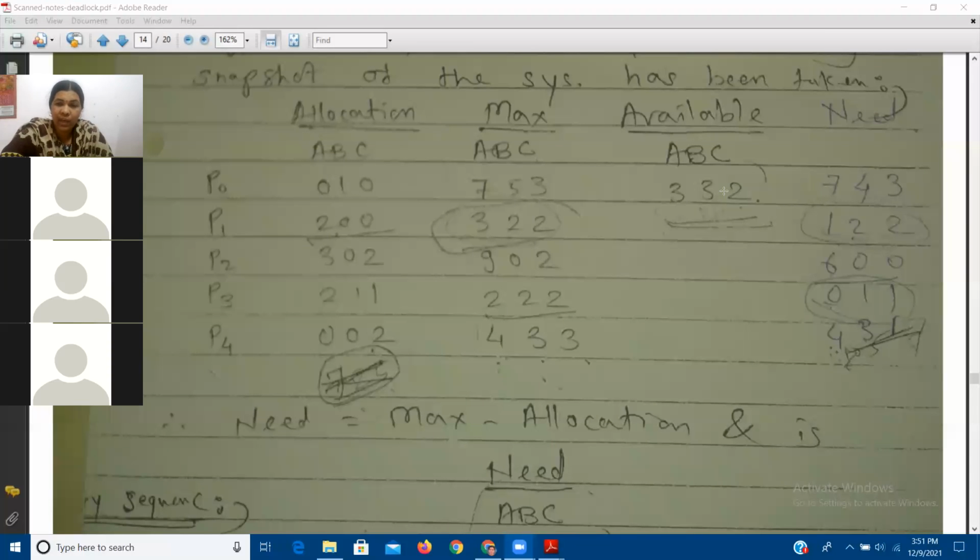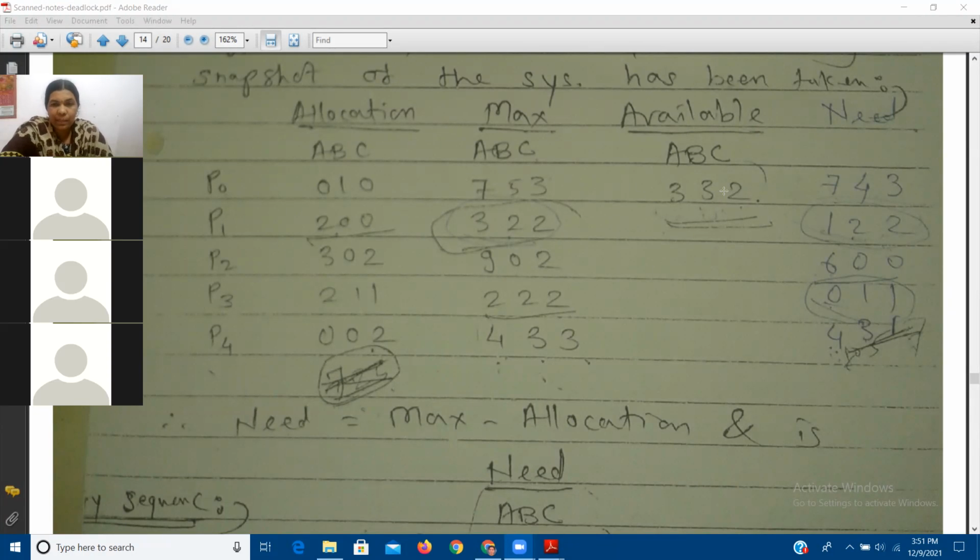Okay, so take one of the examples. Actually, now I'm going to stop over here. So almost we covered the point deadlock avoidance with the help of 3 algorithms, right? Resource allocation graph algorithm, safety algorithm, and resource request algorithm. So I will give this task to you.